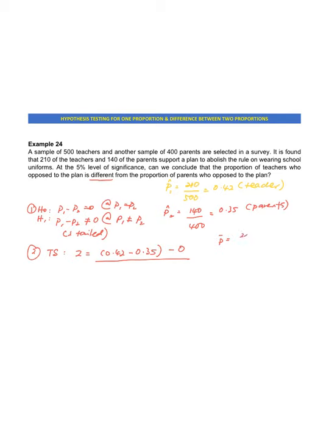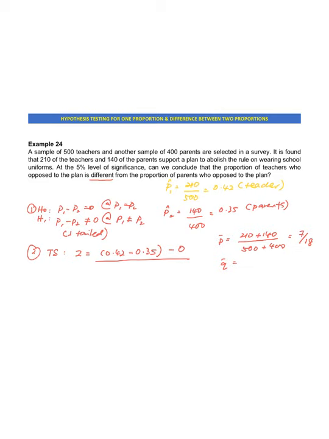So 210 plus 140 over 500 plus 400. We get 7 over 18. You can use decimal places or fractions, no problem. So if p̄ is 7 over 18, our q̄ is 1 minus 7 over 18, which is 11 over 18.